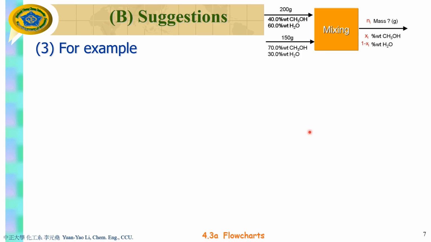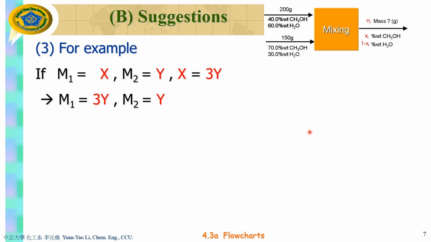So here is an example. For example, you have M1 equal to X, M2 equal to Y, X equal to 3Y. So M1 equal to 3Y, M2 equal to 2Y. So you don't want to use two symbols; what you want to use is only one symbol.